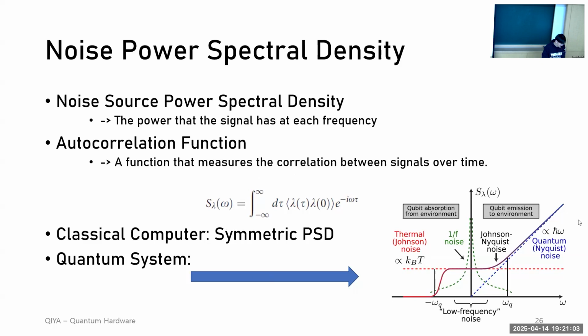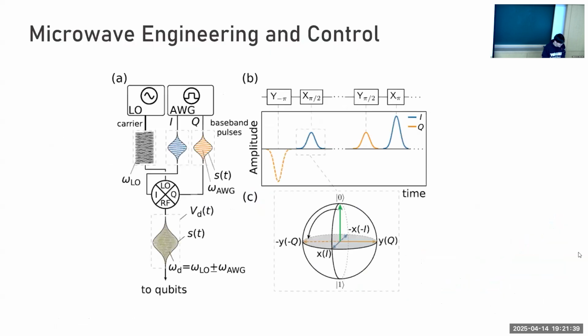We have such graphs in the quantum computer. So we can find this asymmetric property in the quantum computer, because we should have some symmetry in the classical computer by this function, but we can see this function is not symmetric, and we have Johnson-Nyquist noise, so it can just go up in this graph.